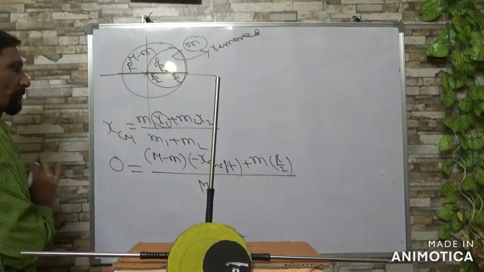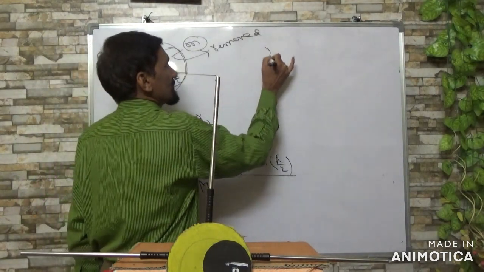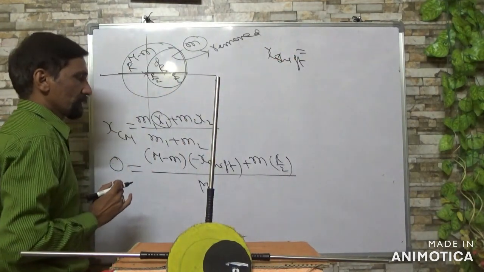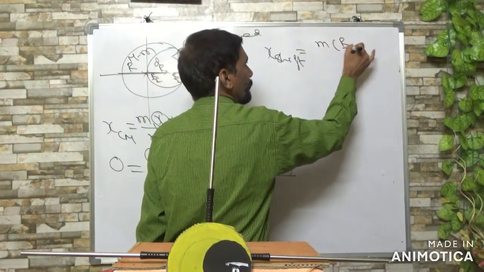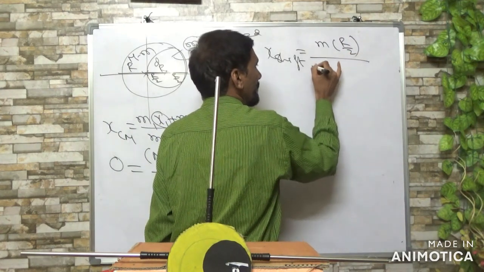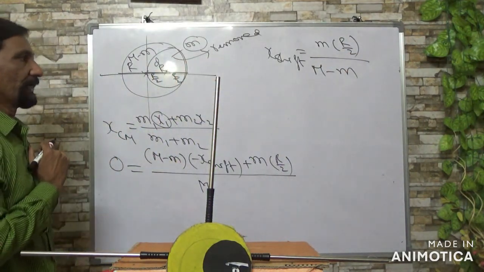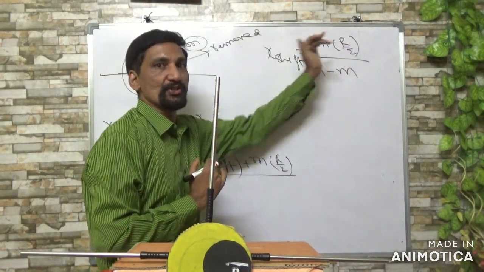M into 0 is 0. So x shift will become md, or you can take m into r by 2, by the remaining mass M minus m. So always it is mass removed by mass remaining into distance.